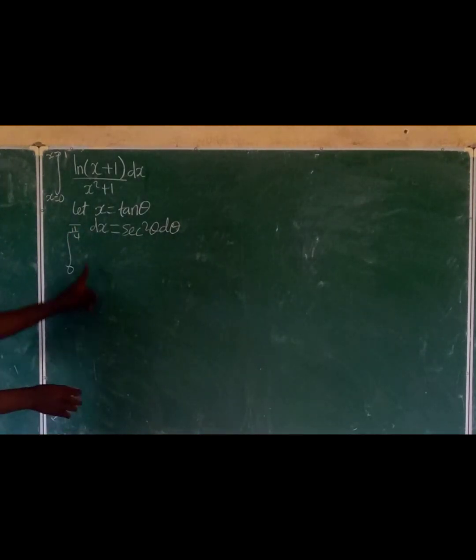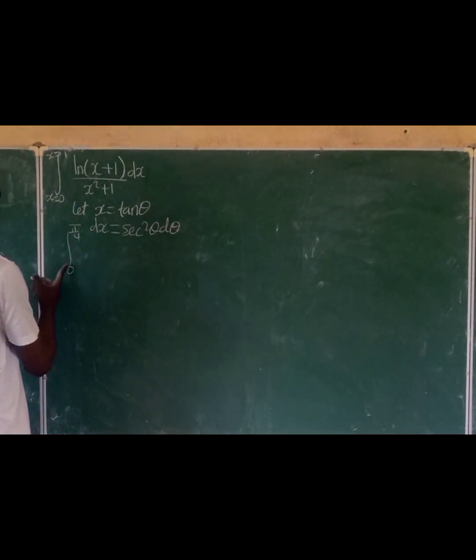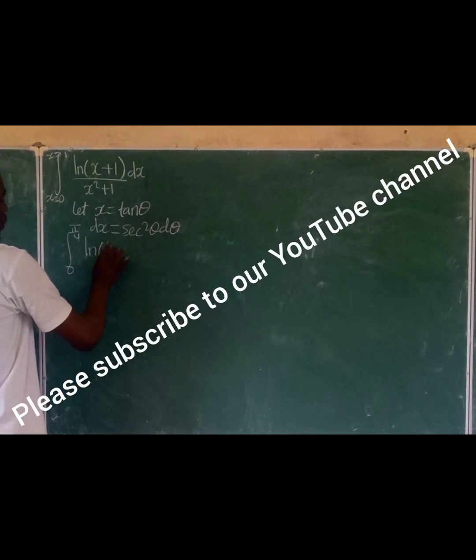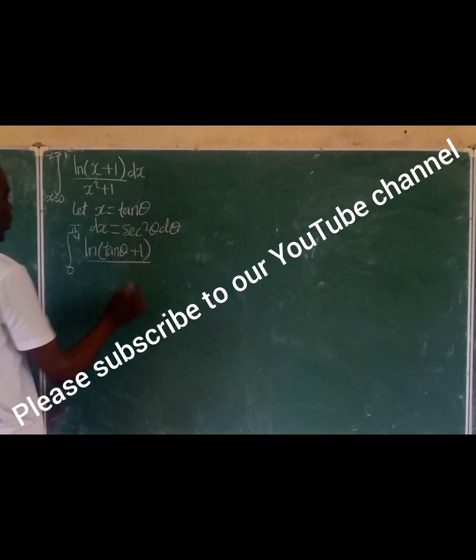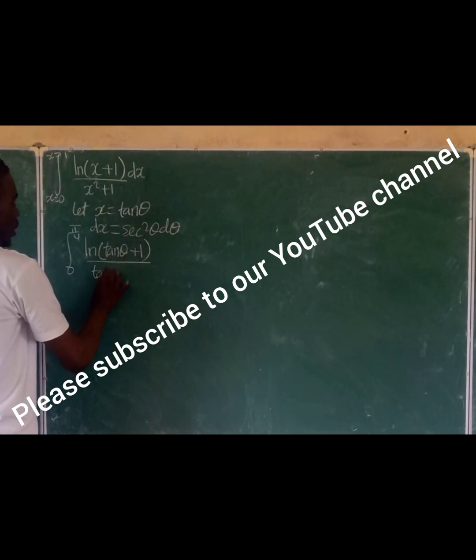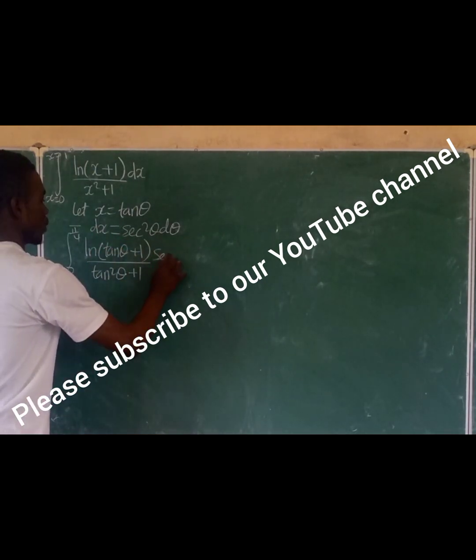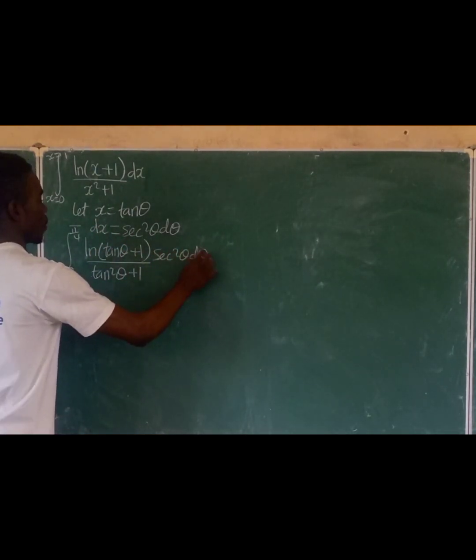So I'm now going to have the integral from 0 to pi over 4 of the natural log of tan squared theta plus 1, since x is tan theta. Then what is my dx? My dx is sec squared theta d theta.